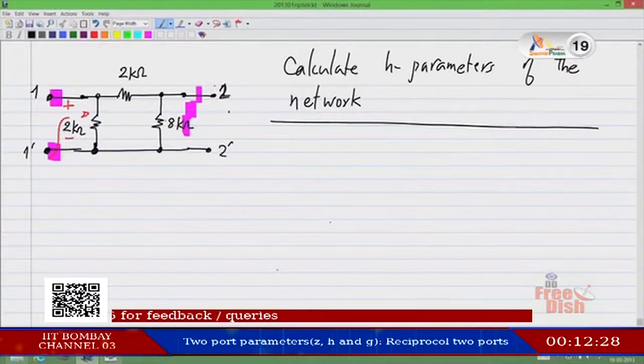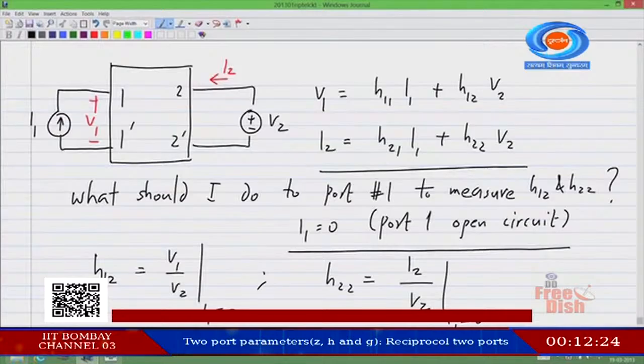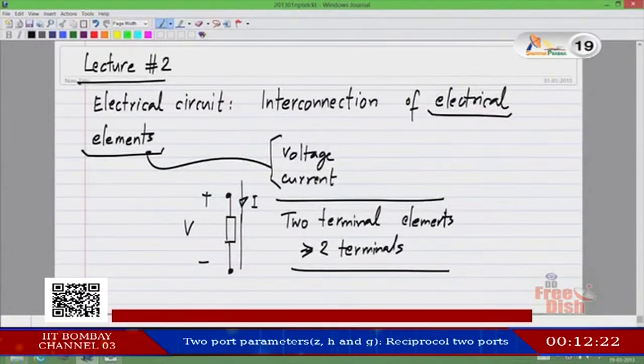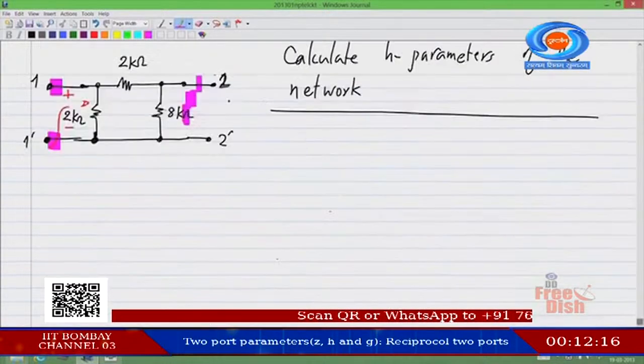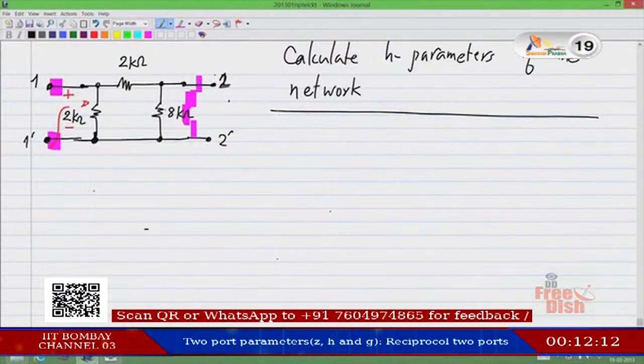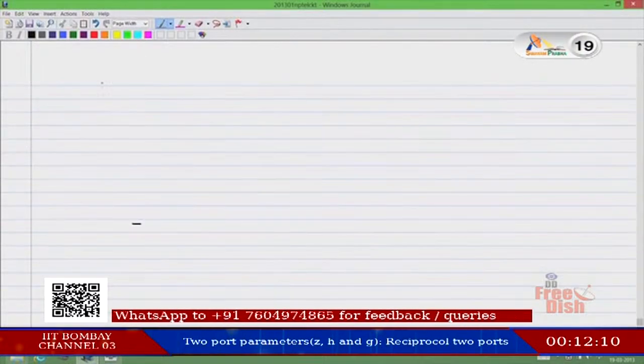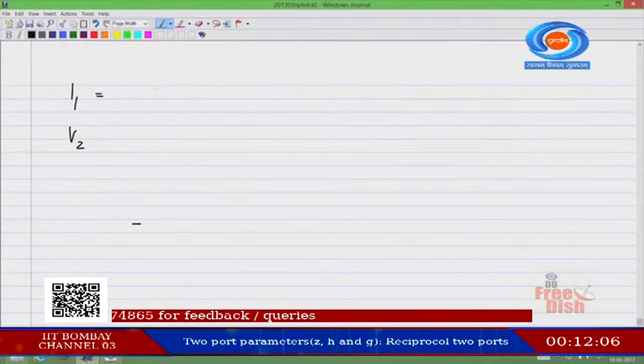Now finally, we can also express, here, we have expressed V1 and I2 in terms of I1 and V2. We can also express I1 and V2 in terms of V1 and I2.